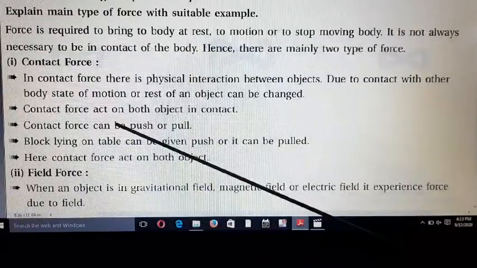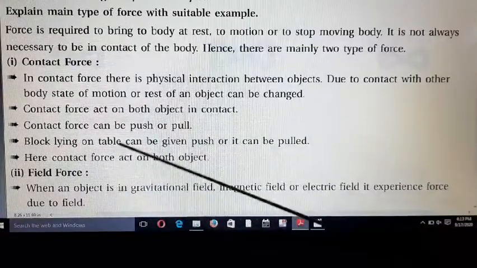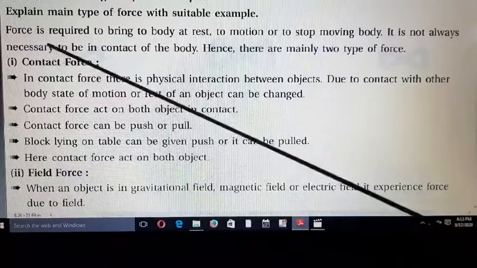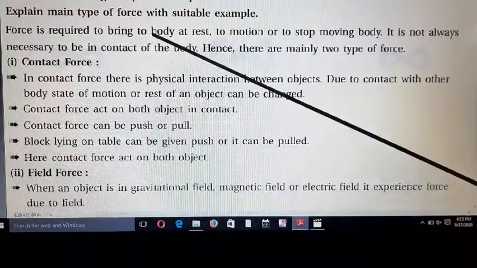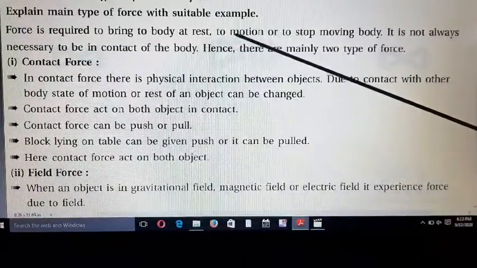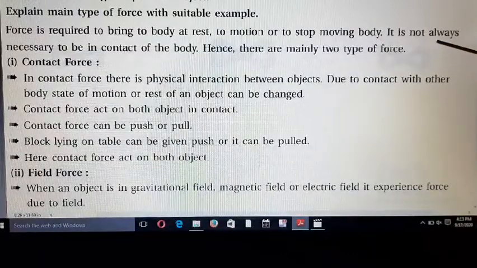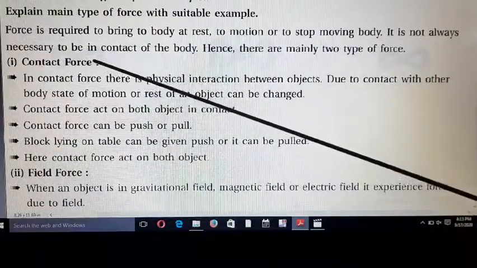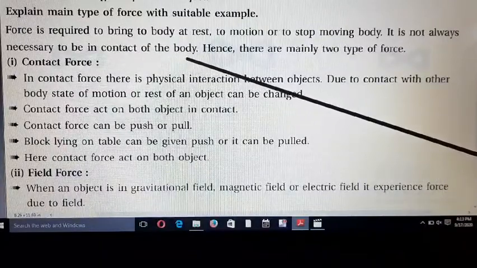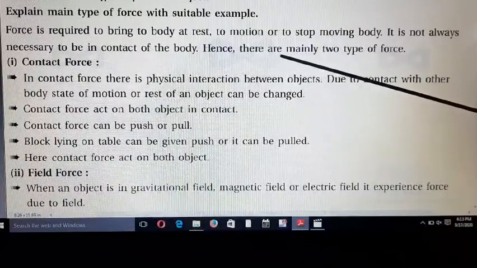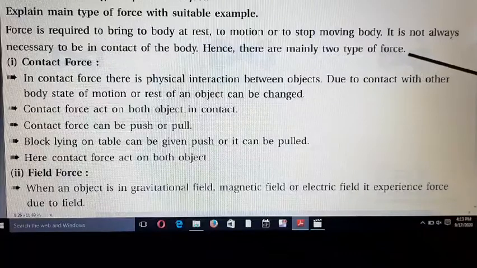Contact force and field force. Force is required to bring a body at rest to motion, or to stop a moving body. It is not always necessary to be in contact with the body. Hence, there are mainly two types of force.